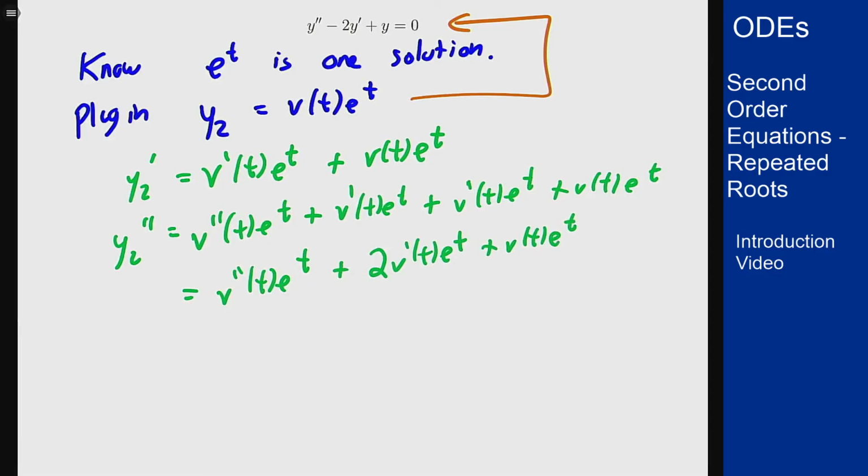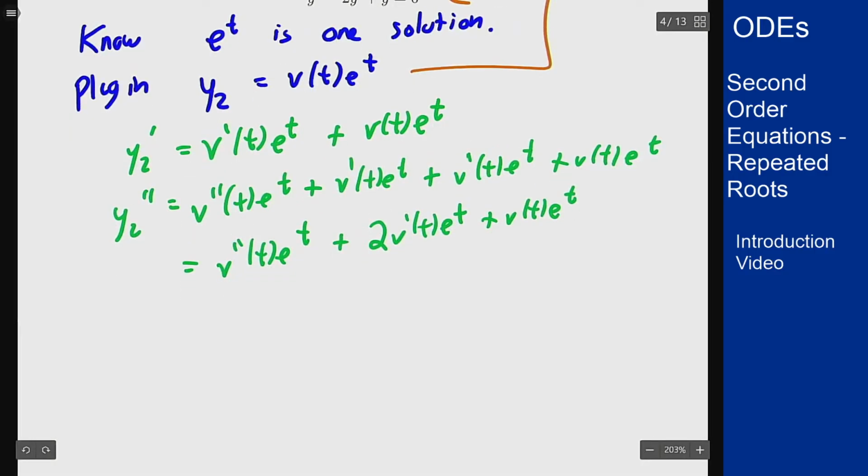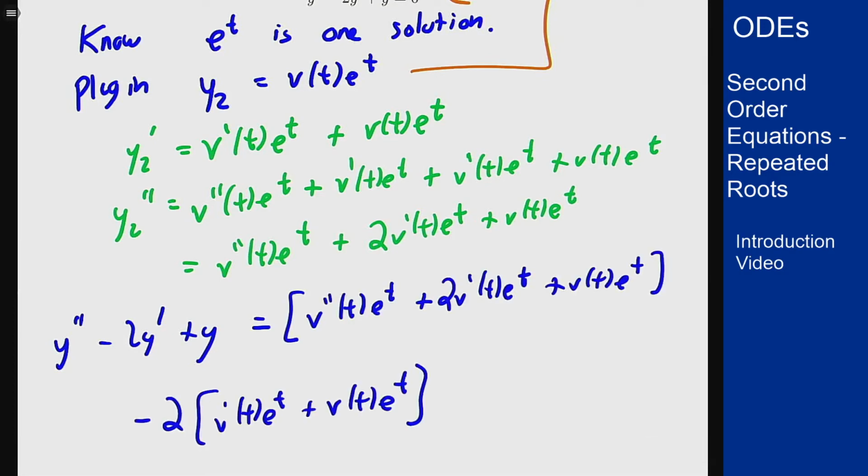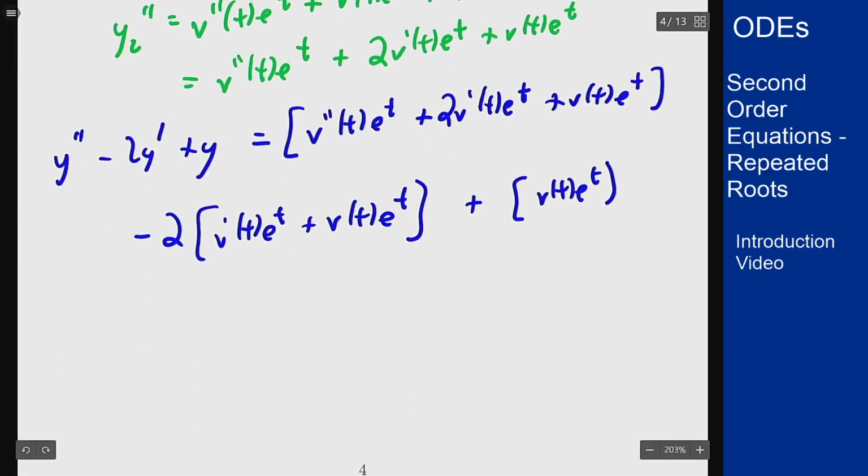Now we plug all that in. So we get that our original equation equals y double prime minus 2y prime and then plus y. Now let's regroup these terms based on what derivative of v they have attached to them. So if we do that, I'm going to get v double prime of t times e to the t, there's only one term with that in it, plus a v prime of t times what?